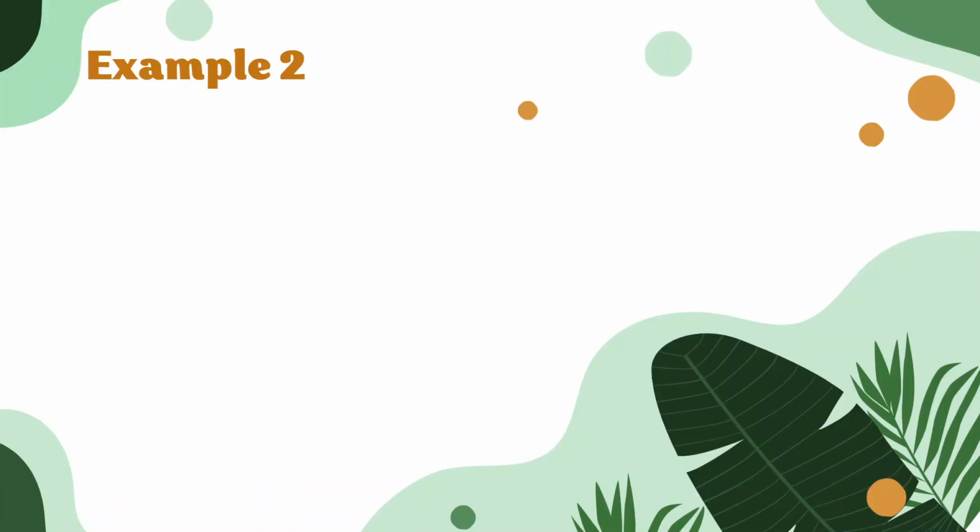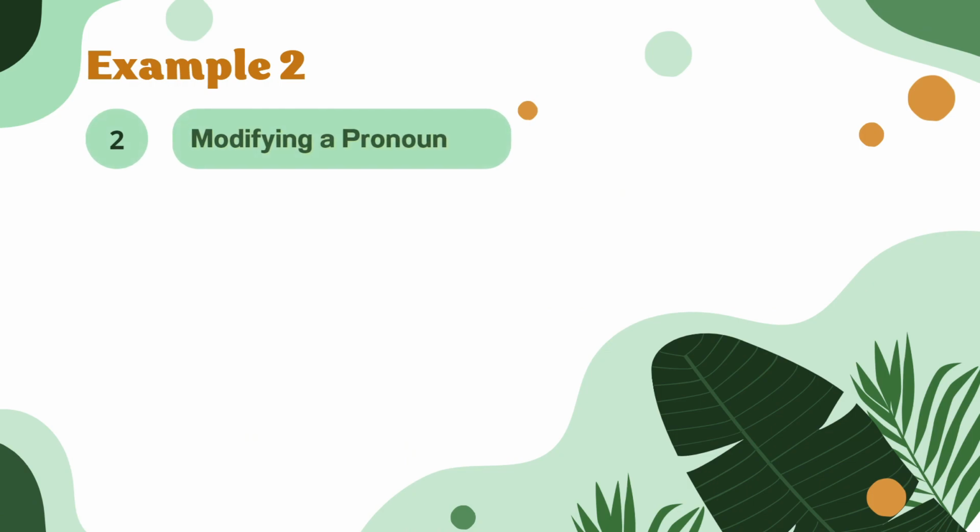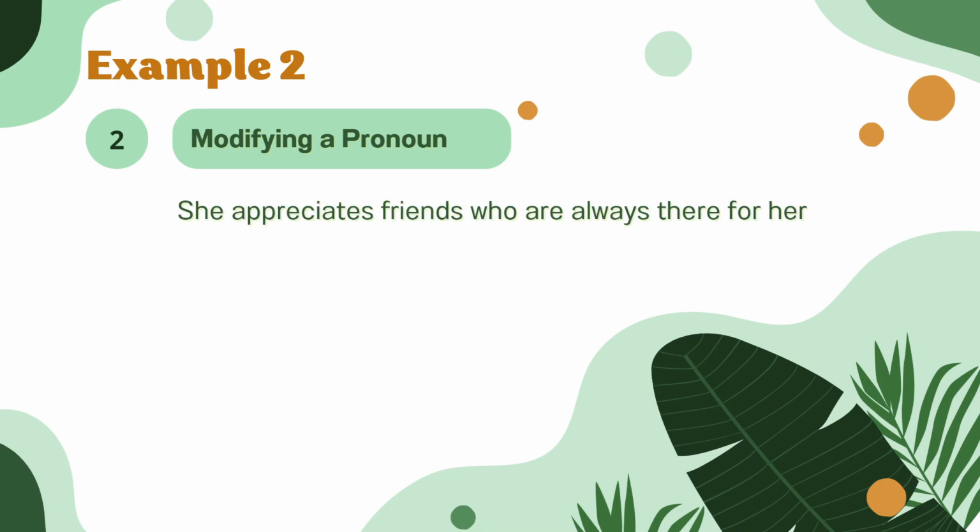Example number 2. It is adjective clause about modifying a pronoun. We have a sentence. The sentence is, "She appreciates friends who are always there for her." Let's analyze this sentence. "She" has a function as subject. "Appreciates" has a function as verb.